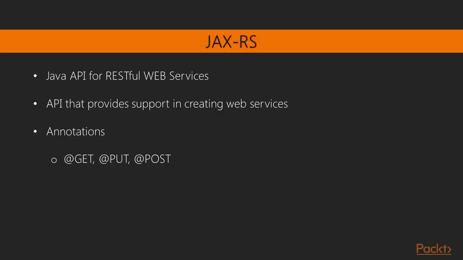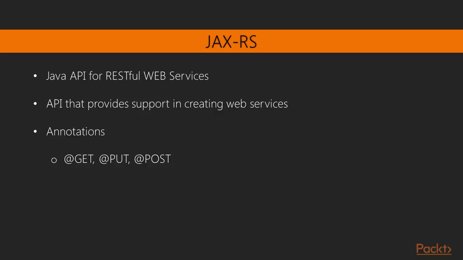Our goal for this section is to create a Java web application. For that, we are going to use JAX-RS, which stands for Java API for RESTful Web Services. The definition from Wikipedia is that JAX-RS is a Java programming language API spec that provides support in creating web services according to the representational state transfer (REST) architectural pattern.